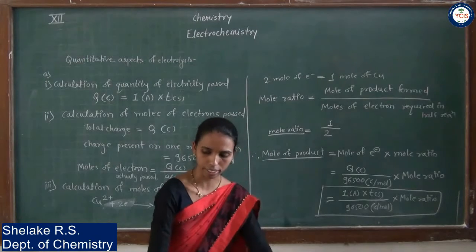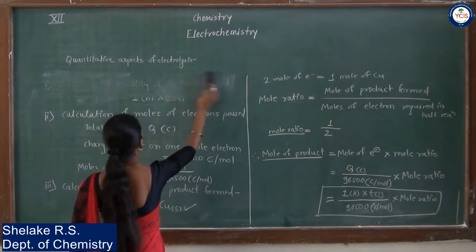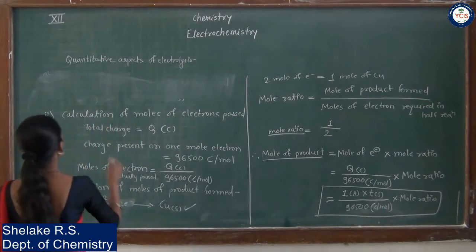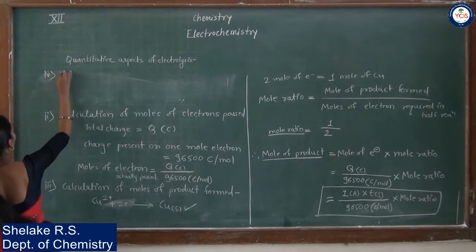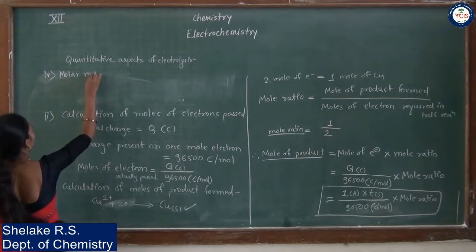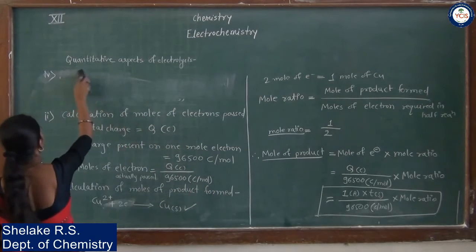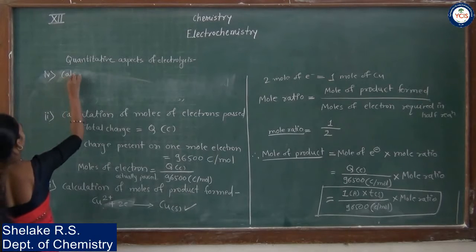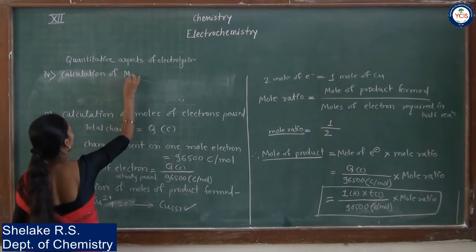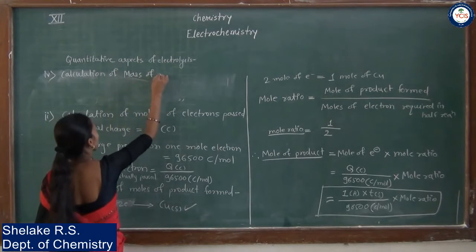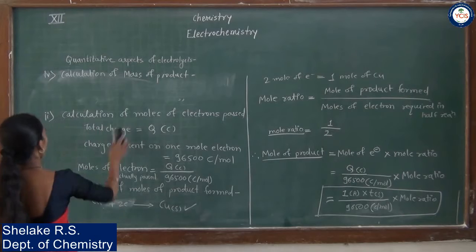Now the fourth quantity that we have to find from the electrolysis reaction is the molar mass of a product. Calculation of mass of a product. Okay, so this is the fourth value that we have to find.